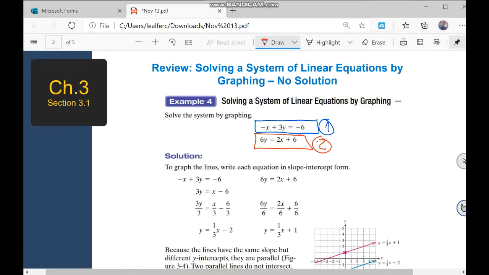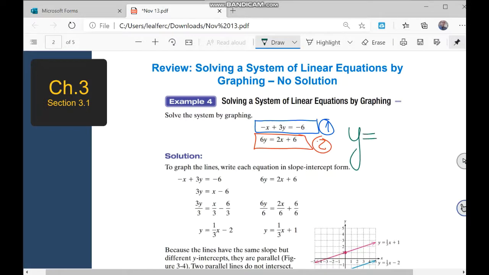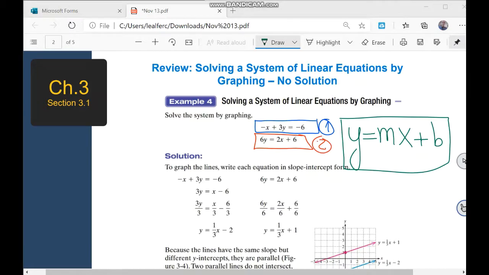Remember yesterday we used the slope-intercept form. We changed each equation and made it look like the slope-intercept form, like this: y equals mx plus b, right? That's how we solved this system of linear equations yesterday.